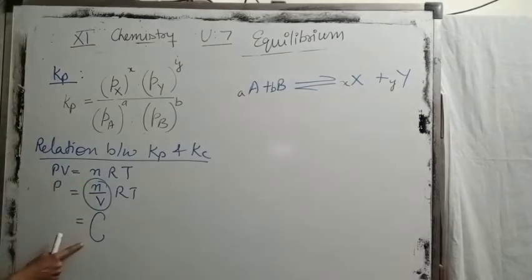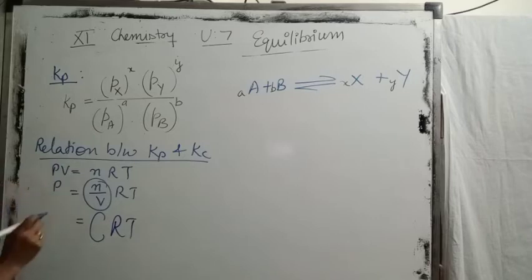So n by V is molar concentration, C. RT. So P equals CRT. Substitute this value of pressure into this equation.